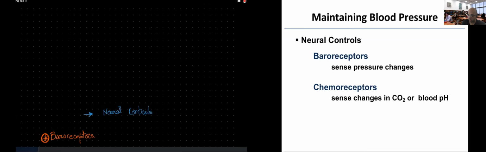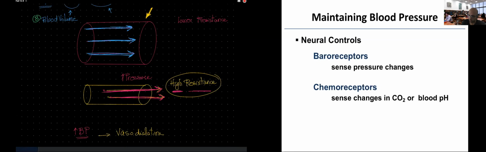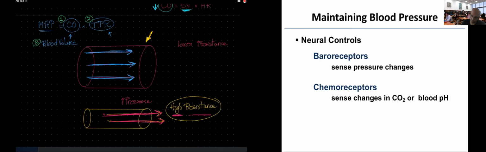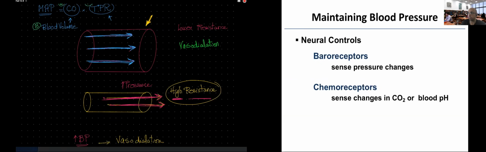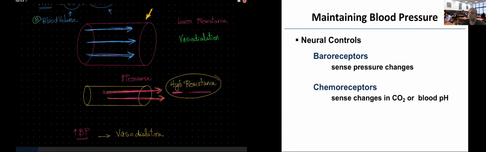Remember, when I increase the diameter of the blood vessels, what did we call this? It's a vasodilation. And what do we call the reduction in the diameter of the blood vessel?